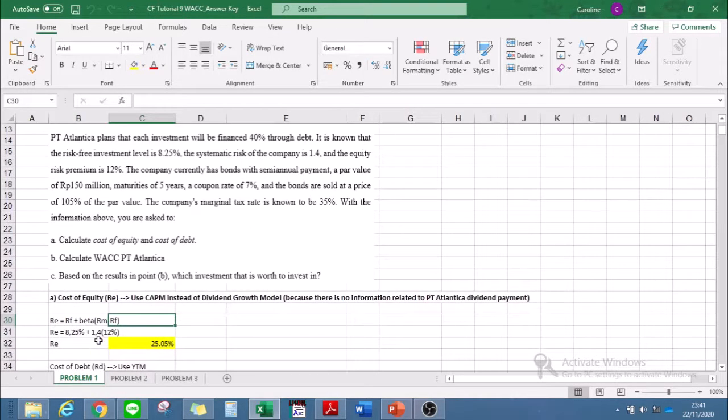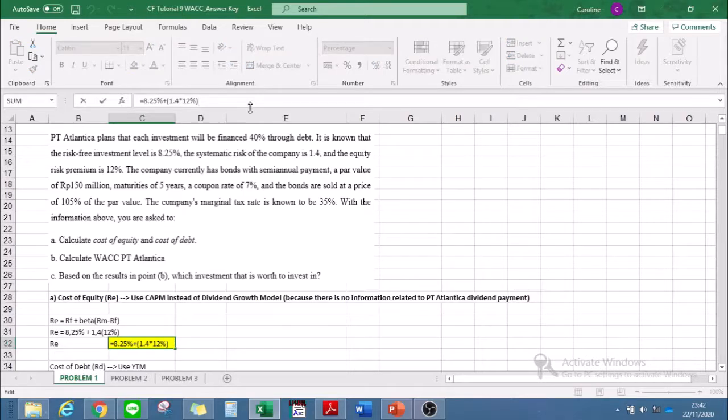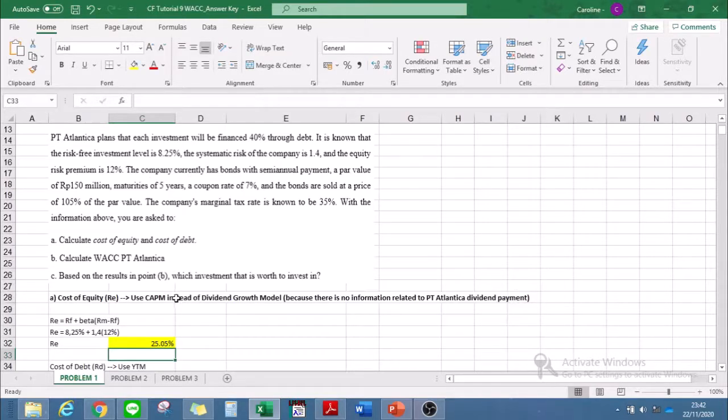Remember that the risk premium is already RM minus RF, so you just need to put 12% here, and then you get the RE of 25.05%. What about the cost of debt?